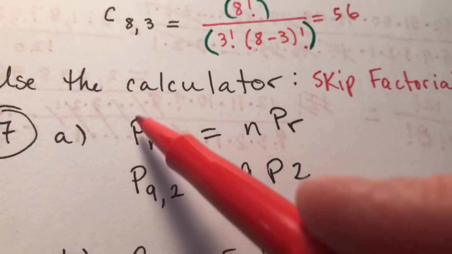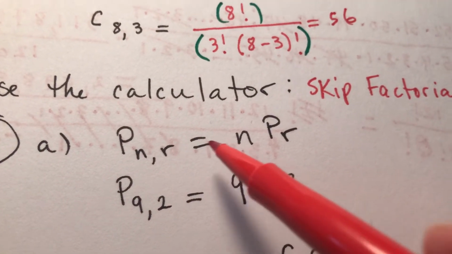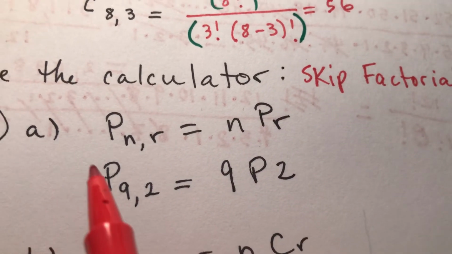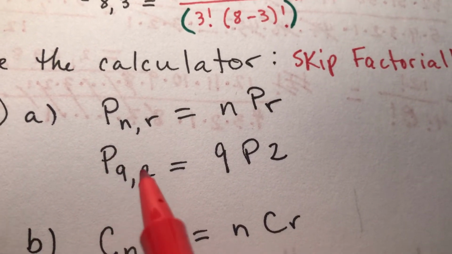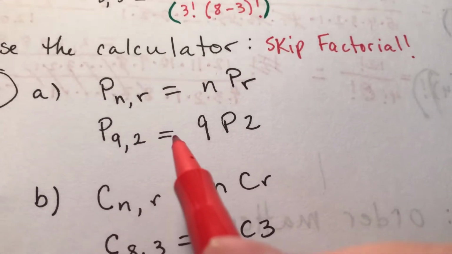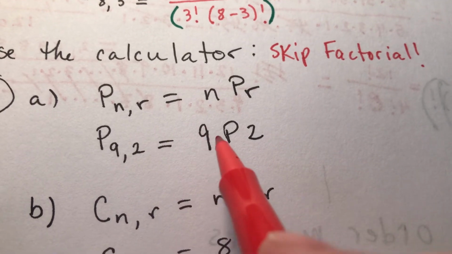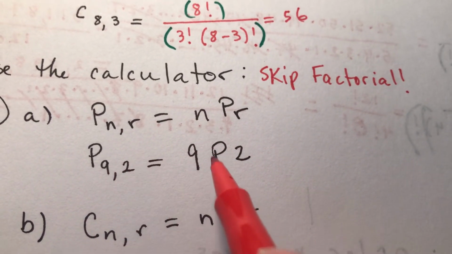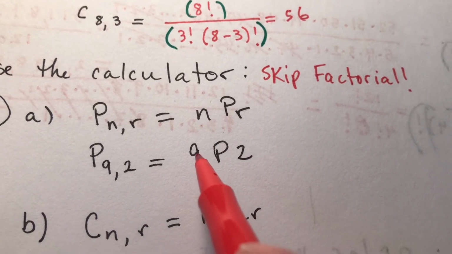So on my paper I wrote the probability n choose r, and the calculator uses n and then P and the r. If I were to do P(9, 2) like I did above with all the factorials, I'm going to do this in one step and write 9P2. According to the calculator, you have to do the 9, the P, and the 2. The larger number is always first.